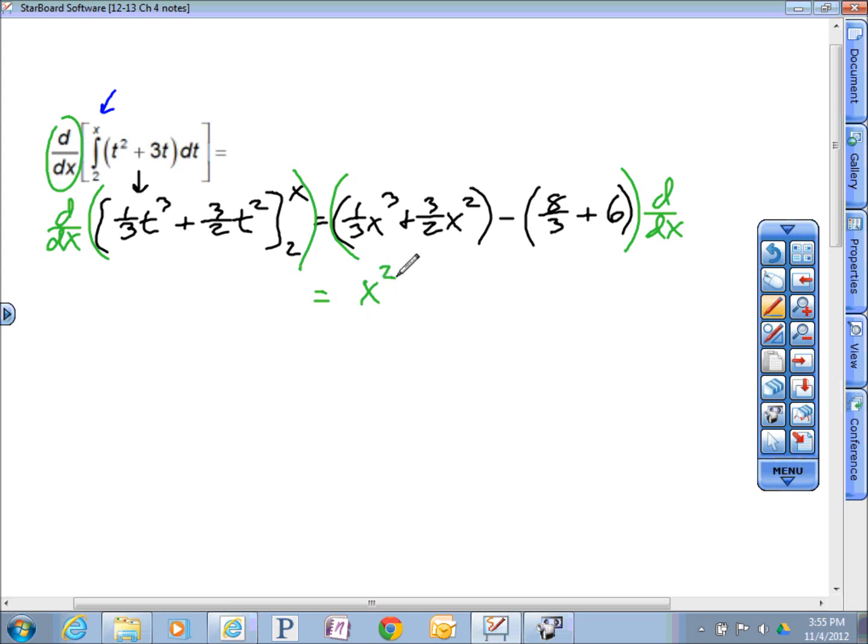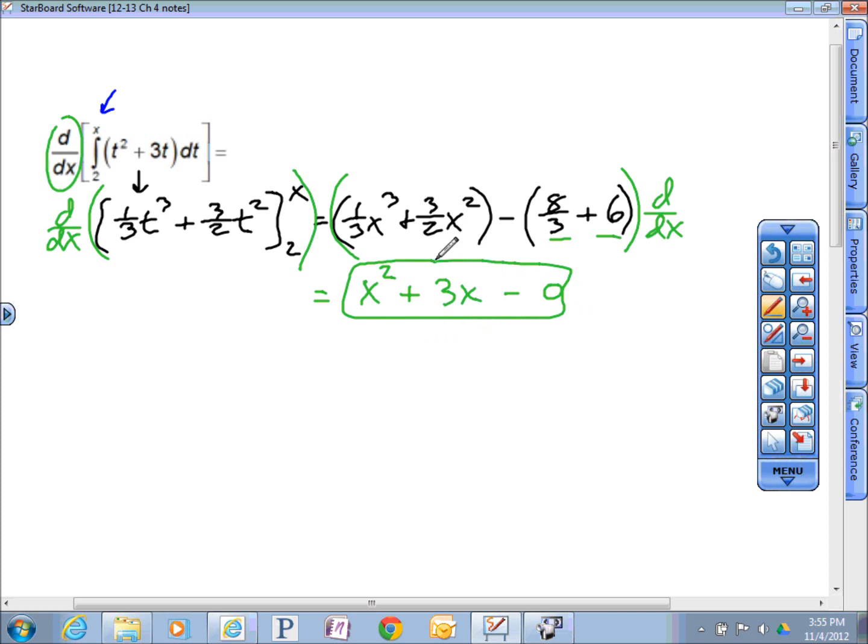The derivative of 3/2 x squared would be 3x. And the derivative of either of these constants would be 0. So after all is said and done, this derivative with respect to x would end up looking an awful lot like that original function.